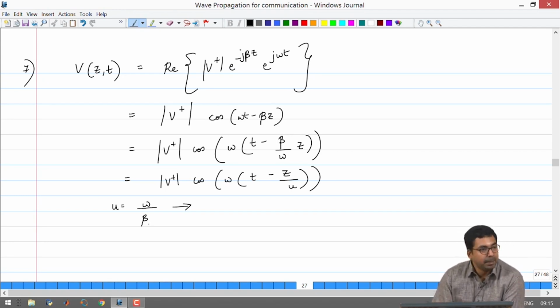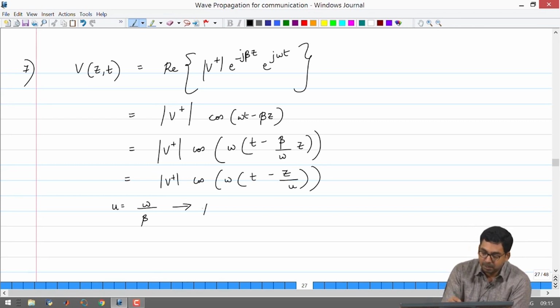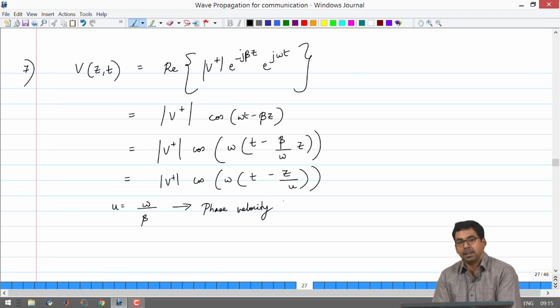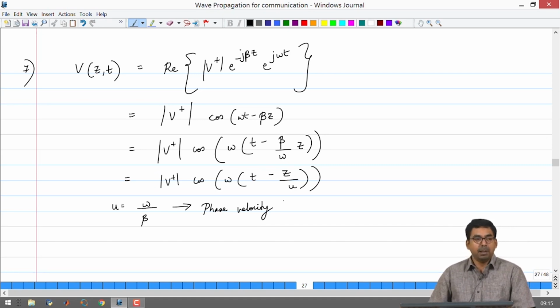So, you will end up having meters per second. This term is known as phase velocity. It just tells you that for a given wave of a specific frequency or a specific wavelength, okay, how fast the phase is traveling, right.